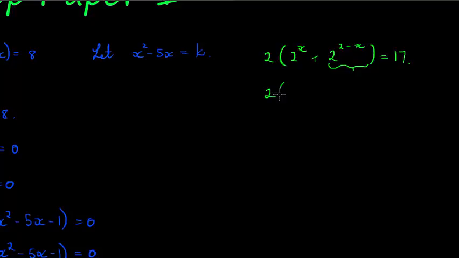Let's separate the bases, because what I usually want to do is factorize. I get 2 to the power of 2, and then what does minus x mean? It means it used to be divided by 2 to the power x. That's how I got 2 to the power 2 minus x, because I subtracted exponents.